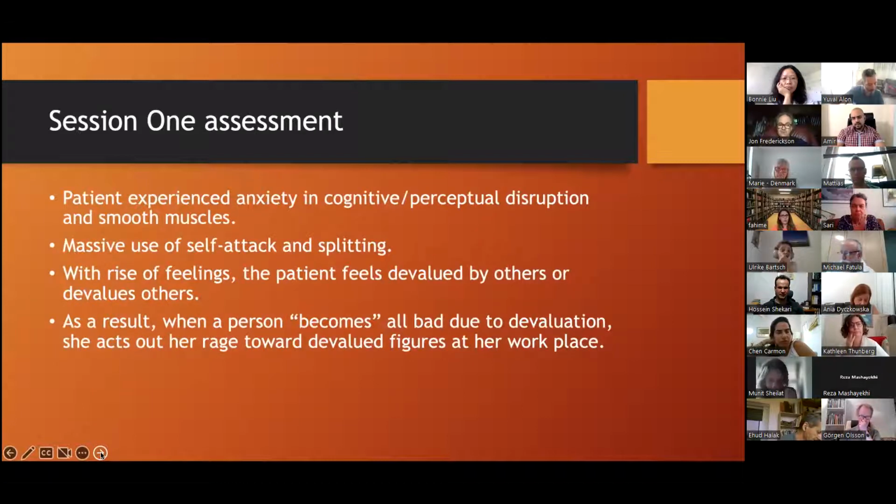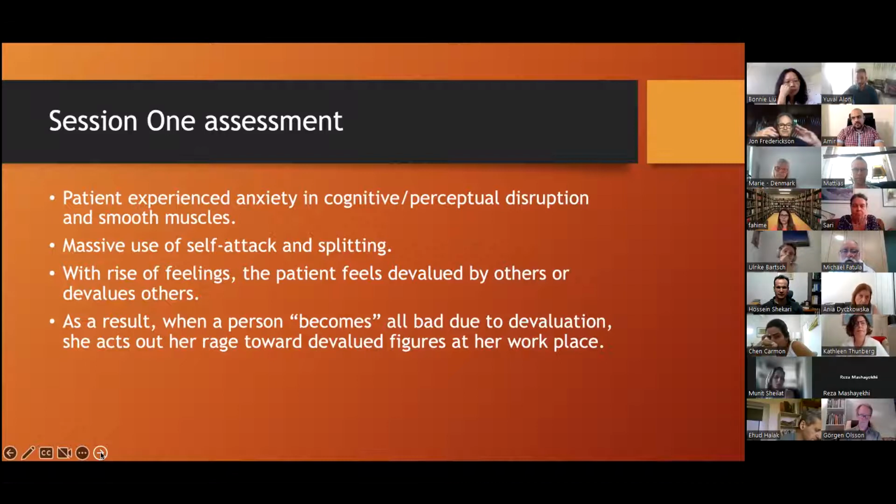So in session 1, it became clear to me that this patient's anxiety was in cognitive perceptual disruption, smooth muscles, massive self-attack, and splitting. With the rise of feelings, this patient easily feels devalued by others, or she devalues others. I would learn about how she devalued her previous therapists, devalued doctors, devalued students of hers.